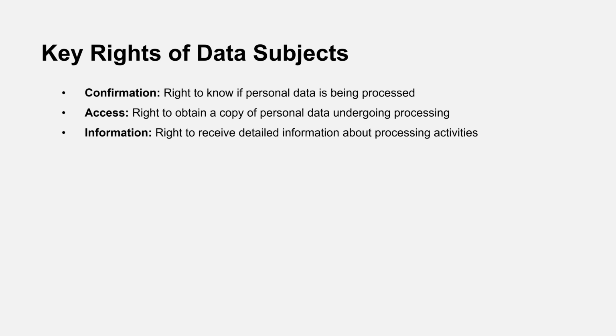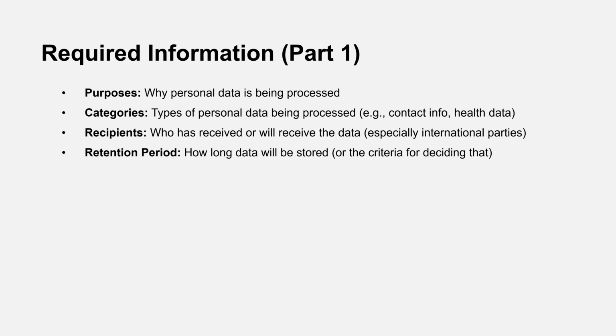When a company responds, they can't just send raw data. They must explain things clearly. For example, they must tell you why your data is being used. Maybe it's for processing orders, fraud detection, or marketing. They also need to explain what type of data they have. This could be basic information like your name and phone number, or more sensitive data like health details.